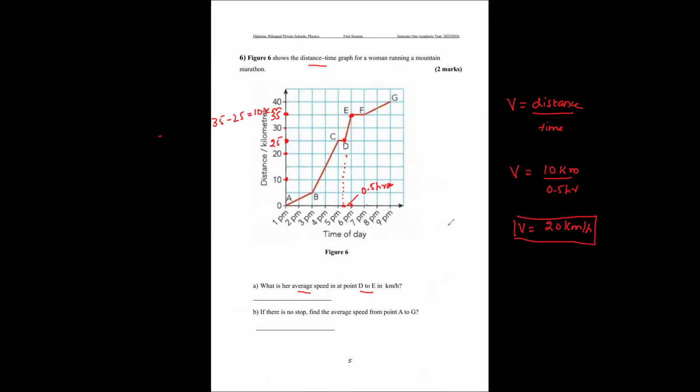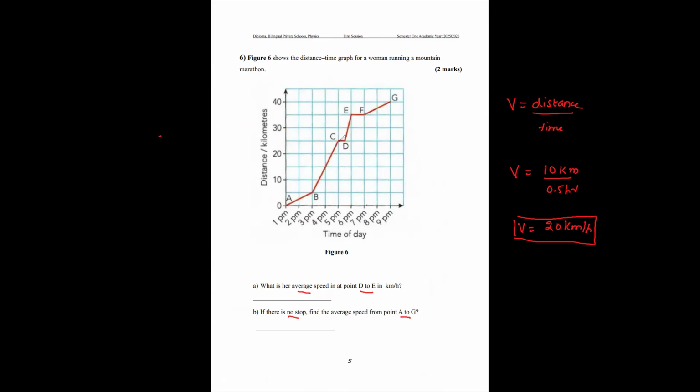And the second one is, if there is no stop, find the average speed between A to G. If there is no stop, this one is a tricky one. All right. The first thing is we have to know how many stops were there. Okay. So obviously the formula is same. So look at this.